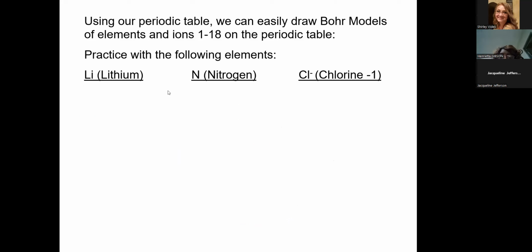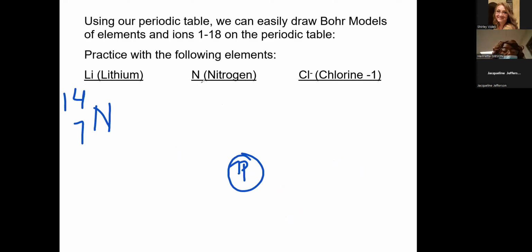All right, now let's do nitrogen. Nitrogen is going to be 7 and 14. So 7 down here, and 14 here. That means we have a nucleus with 7 protons and 7 neutrons, because 14 minus 7 is 7, right?